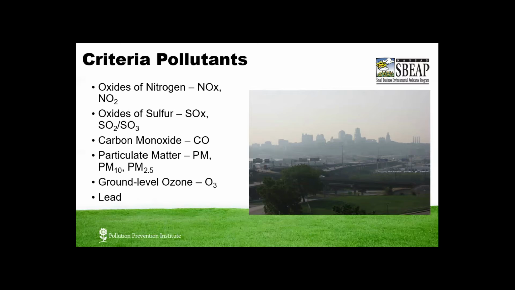The 6 criteria pollutants are oxides of nitrogen, or NOx, and nitrogen dioxide, or NO2, as the indicator criteria pollutant, oxides of sulfur, or SOx, that include sulfur dioxide and sulfur trioxide, with SO2 as the indicator criteria pollutant, carbon monoxide, or CO, particulate matter, which includes PM10 and PM2.5, ground level ozone, or O3, and lead.